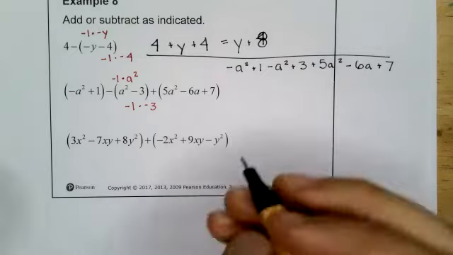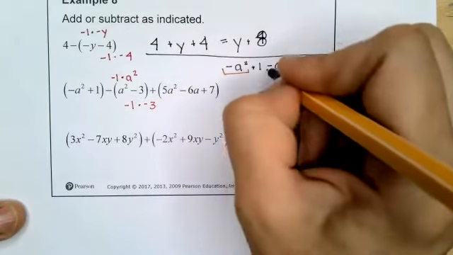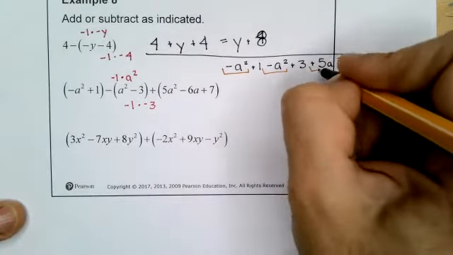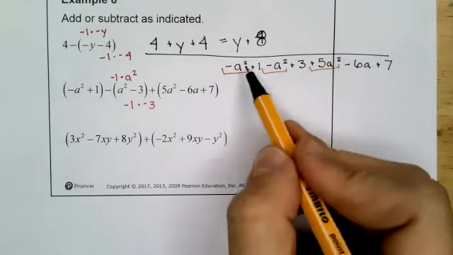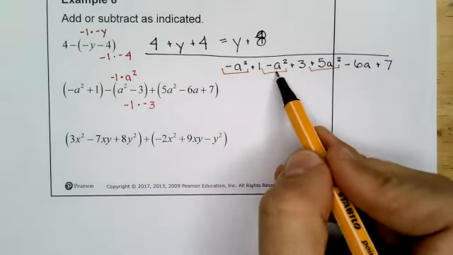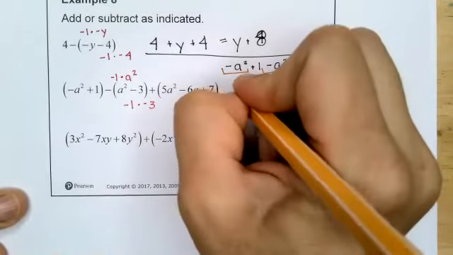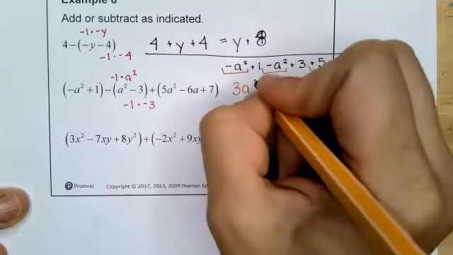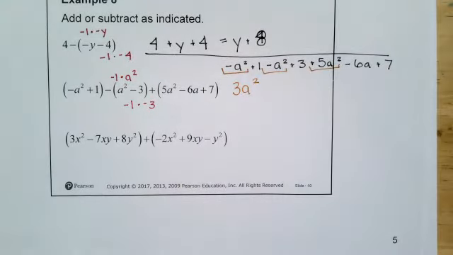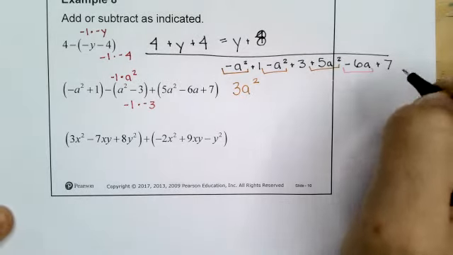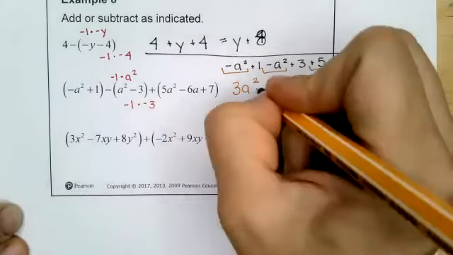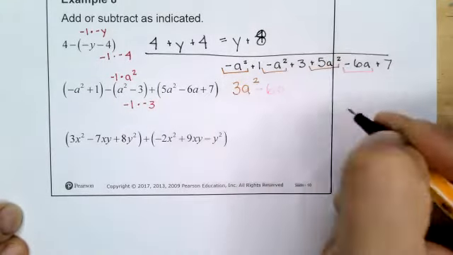Now you're just combining terms. So negative a squared, negative a squared, and positive 5a squared are all combined together. 5 minus 1 is 4, minus another one is 3. So I'm going to call this 3a squared. Negative 6a. It's the only one, so we're just going to say negative 6a.